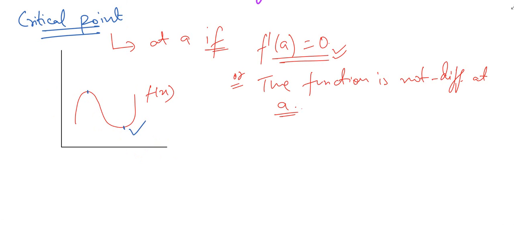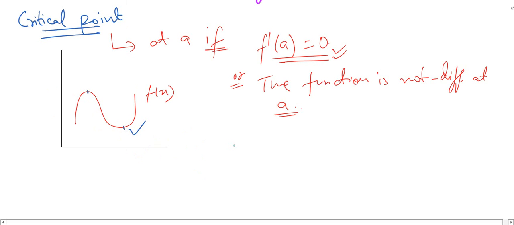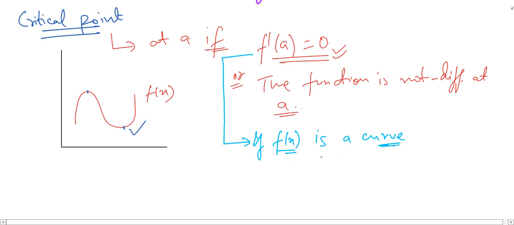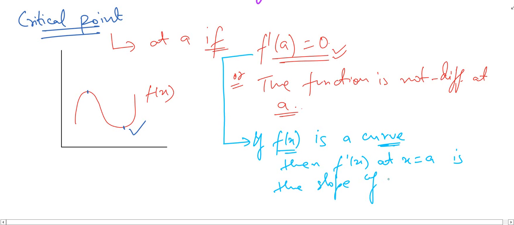For this I would ask you to revise the concepts of straight lines. Recall that if f(x) is a curve, then f'(x) at x = a is the slope of the tangent. Slope of tangent we know.